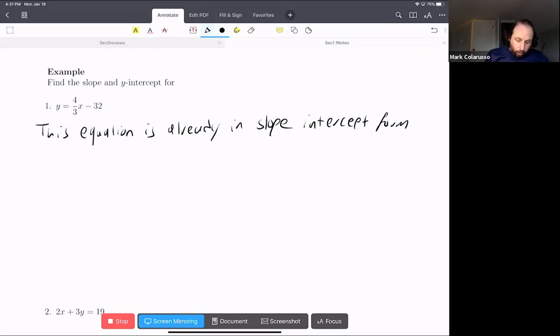So we see that the slope here, which is the form y equals mx plus b. So the m is 4/3, the slope, and the intercept b is minus 32. So that's really quite straightforward.